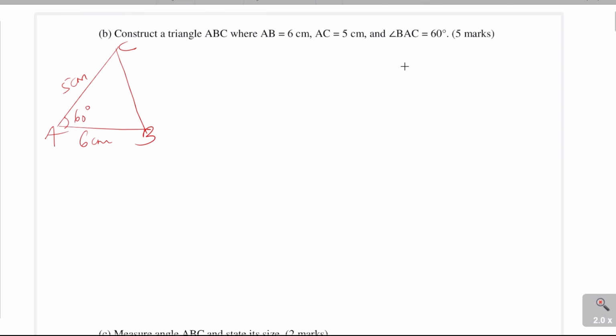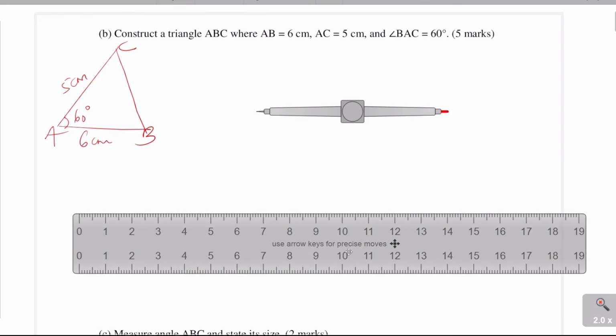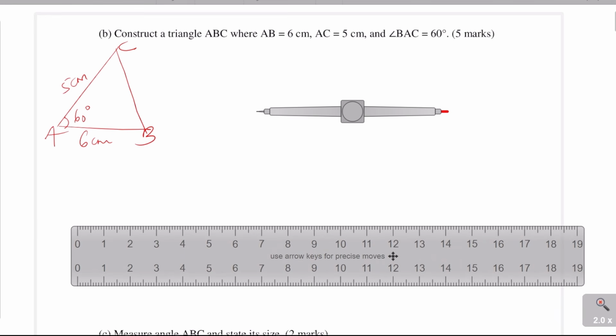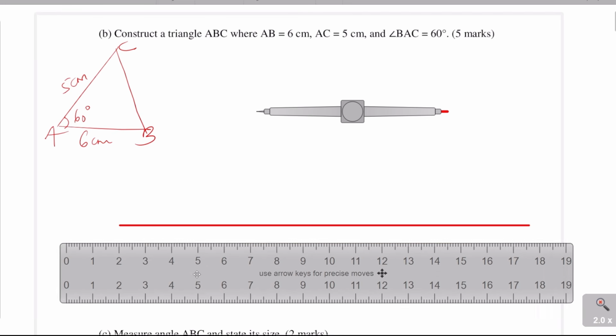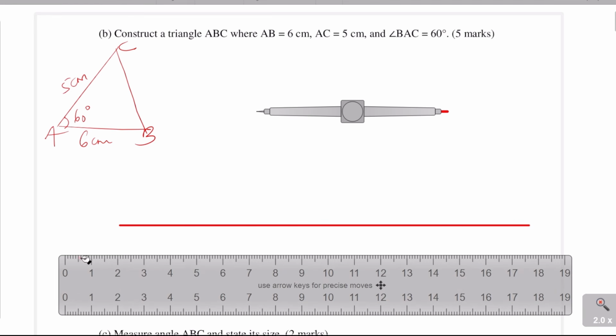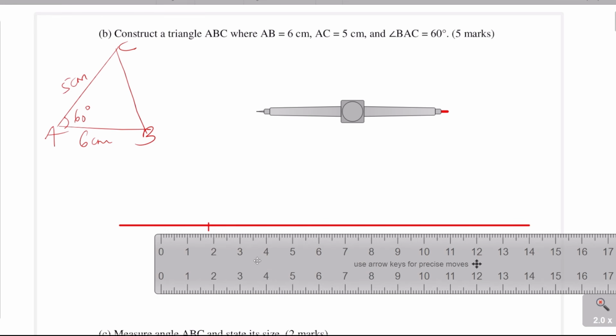So we start the question. I start by drawing a baseline, which is AB. So AB should be 6 centimeters. So 6 centimeters, let me take 6 centimeters here.